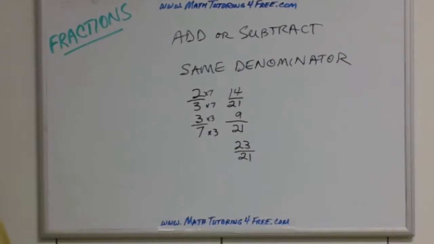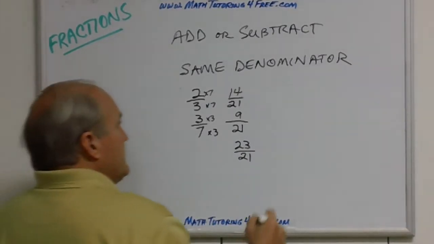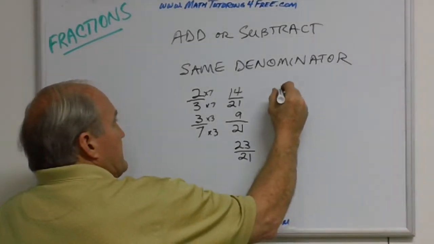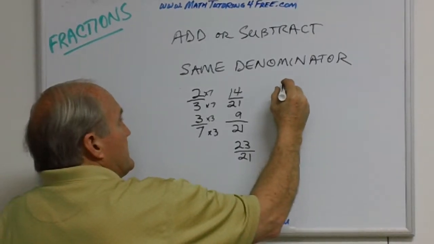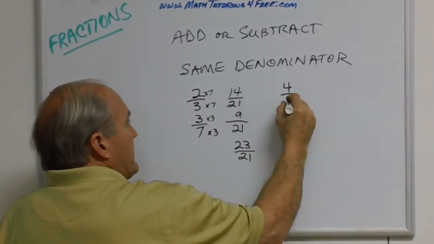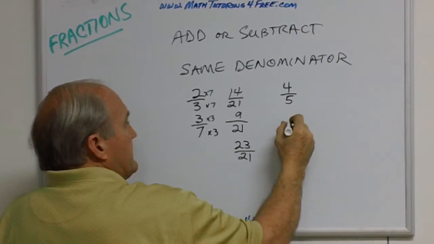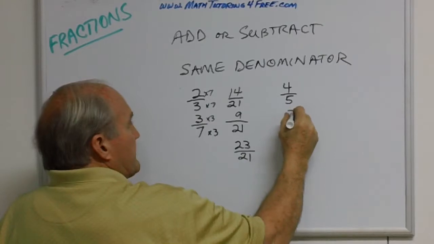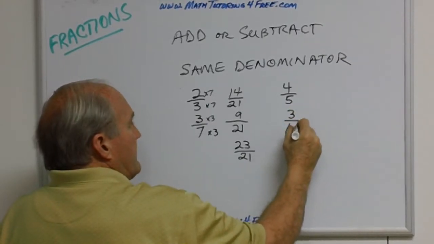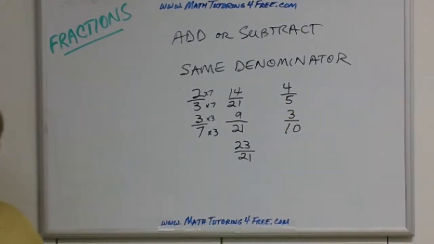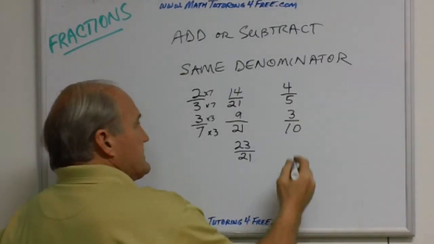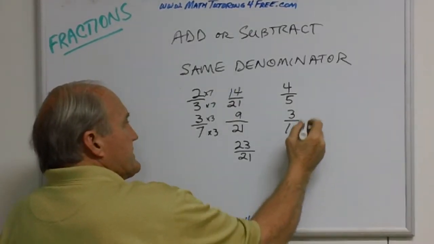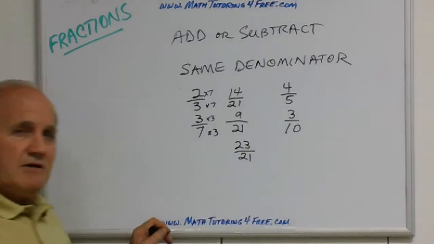Let's take another one that we can do quickly. Let's do 4/5, and to that I want to add 3/10. Again, what denominator will both of these satisfy? What's the quickest way to find it? I usually take the smallest one and say, what if I double it?